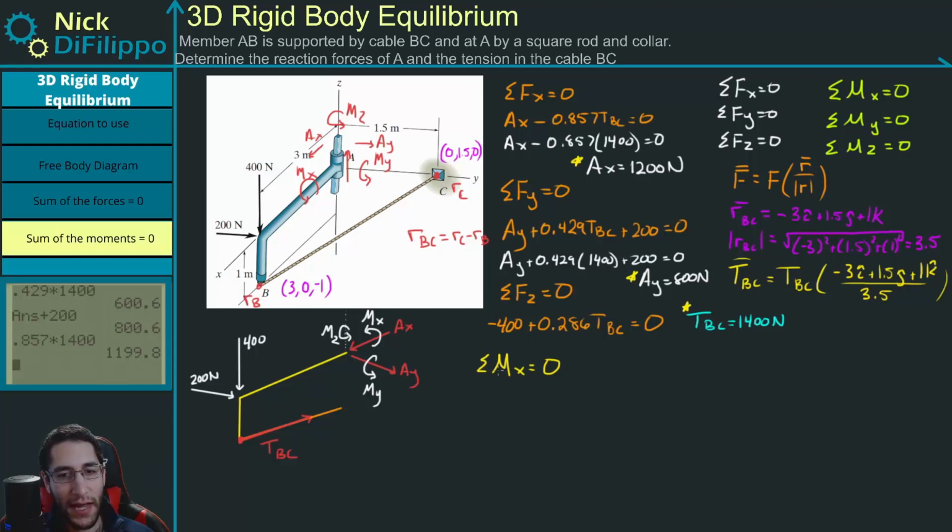So let's look at the forces. The 200 and 400 both go through the x. All of my forces in A go through the x, right? AX is parallel and goes through. AY goes through.